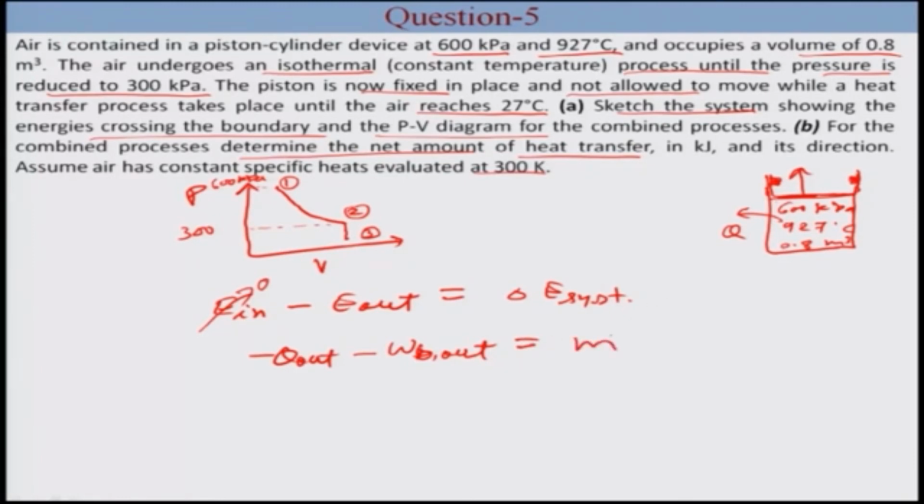So total change in internal energy of this system will be nothing but m cv delta T, T3 minus T1. Here we assume that this air behaves as an ideal gas. So from here we get minus Q out equal to net work done by the system plus change in internal energy.